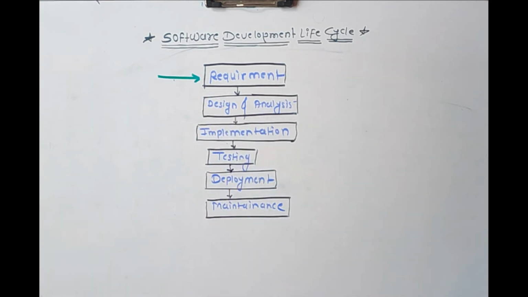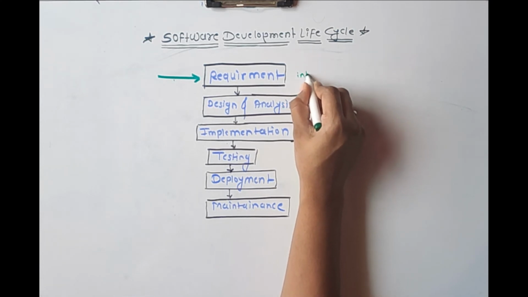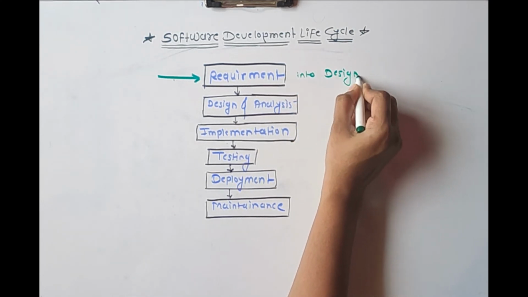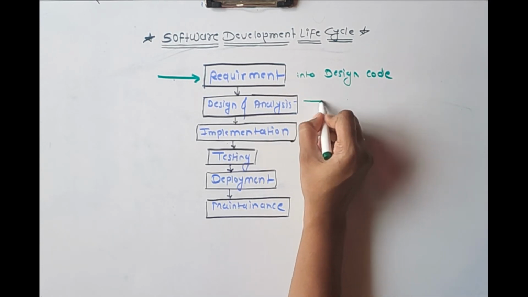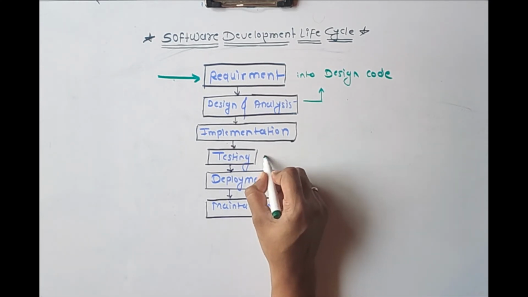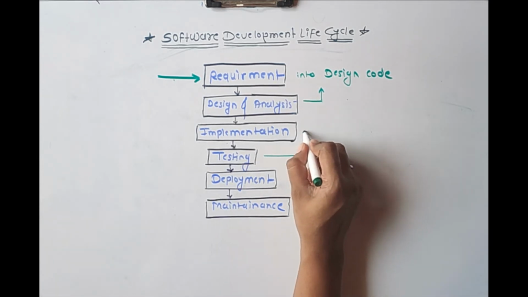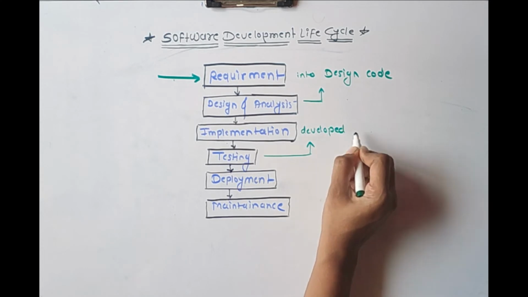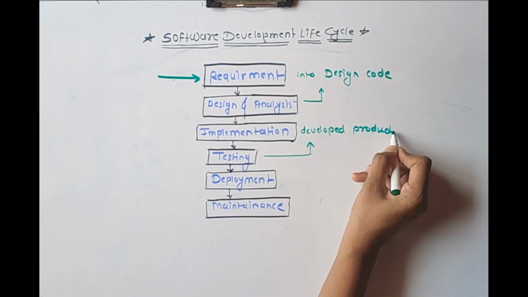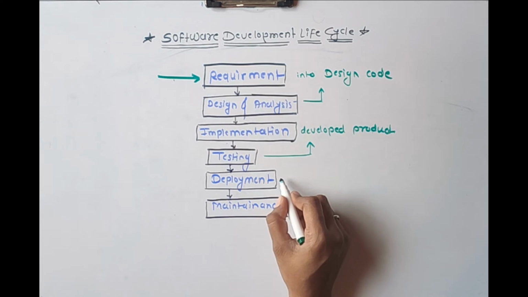So these are the phases included inside the software development life cycle, in which the first one is requirements. These requirements are translated into design code. According to the design produced, testing should be done on the developed product. After developing the product, deployment should be done once testing is ready.